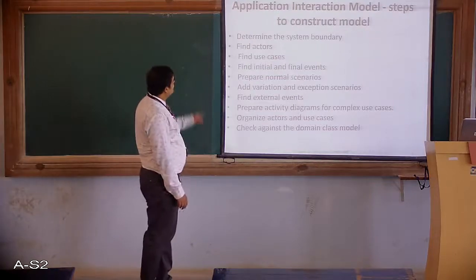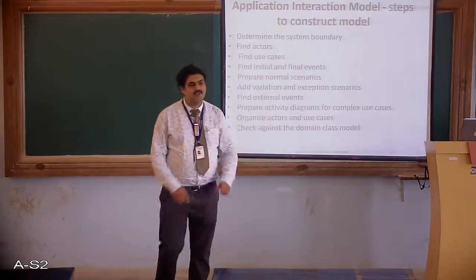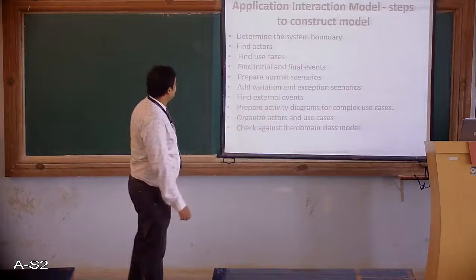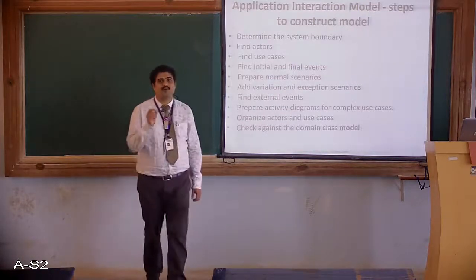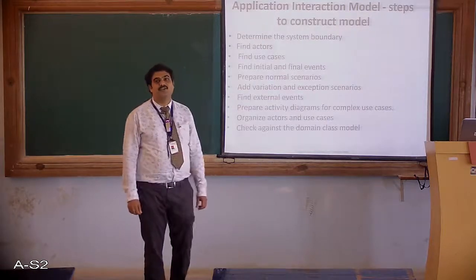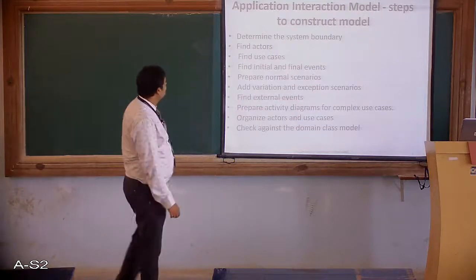The first step is to determine the system boundary. You need to have your own limitation for the given problem statement. Then you identify the actors for the given problem statement. Then identify the different use cases with respect to every actor in the system.